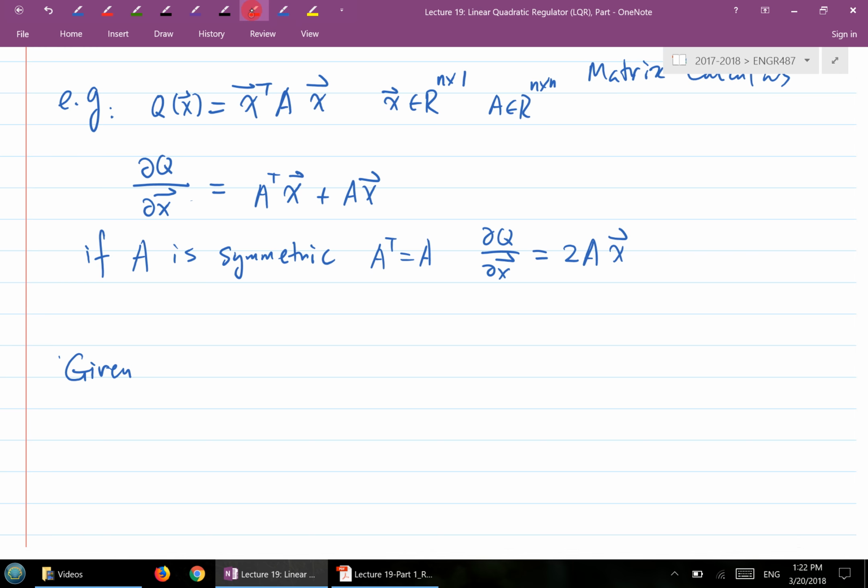And in particular, what we're going to look at is the discrete linear quadratic optimal control problem.